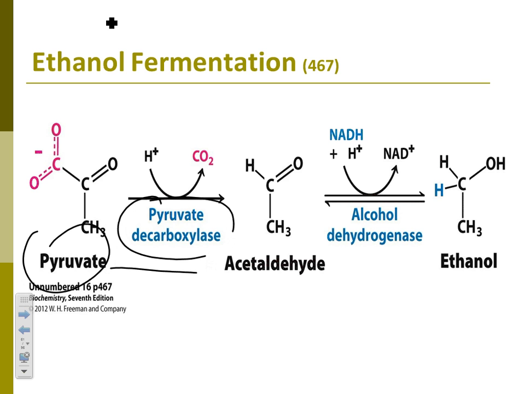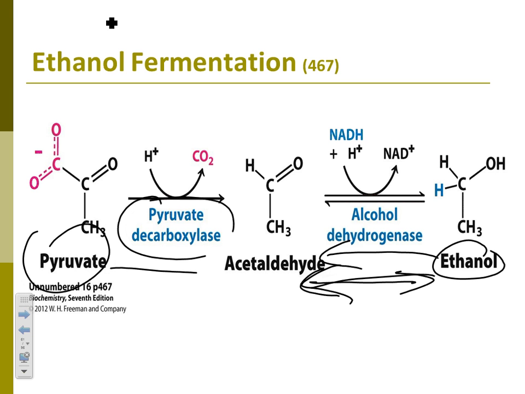We don't create ethanol, we have alcohol dehydrogenase that works the other way. So if you see ethanol as a product, that won't happen in humans either. But if you see ethanol going to acetaldehyde, that can happen in humans. Again, dehydrogenase, redox reaction.